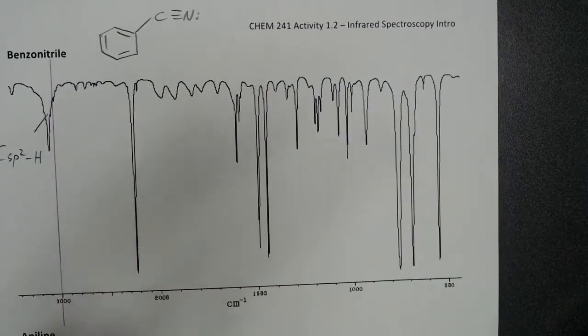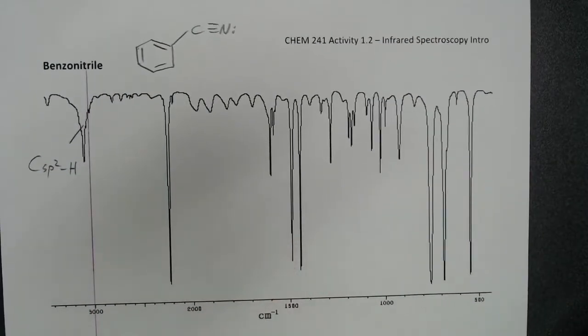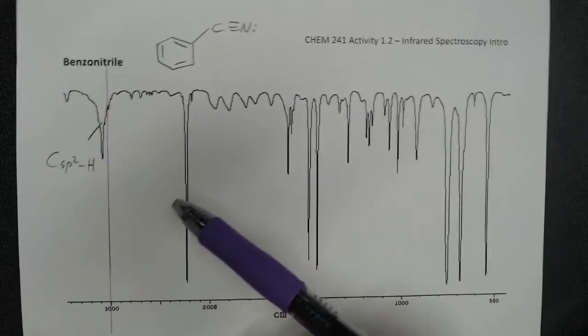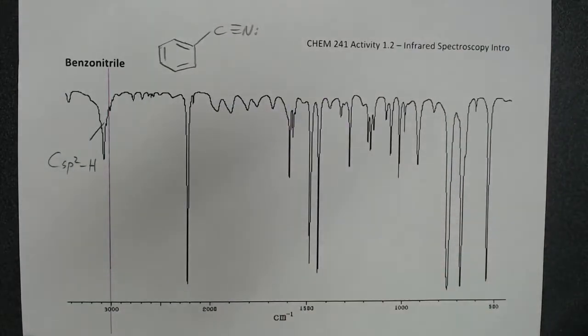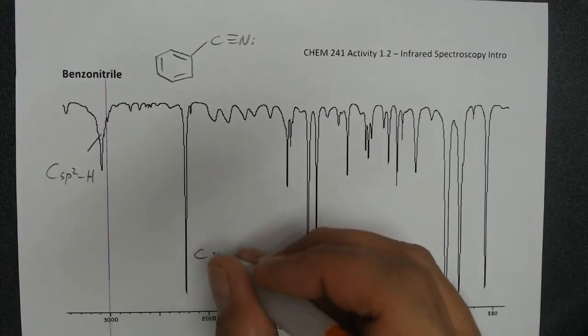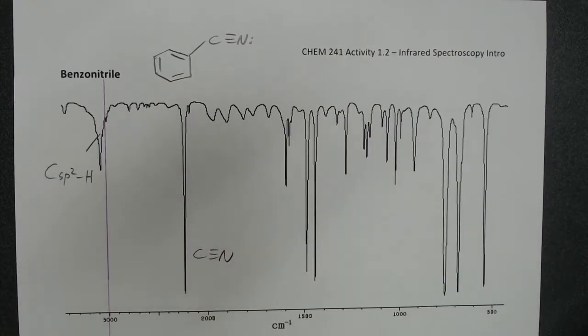The reason I'm pointing that out, if you want to consider whether it's a CSPH or not, is because we have a triple bond here. If you see the triple bond, I usually start digging for the CH that would go along with it. In this case, we shouldn't have that because we don't have an alkyne, we have a nitrile. There is no CSPH in this compound. So this right here is your C triple bond N.